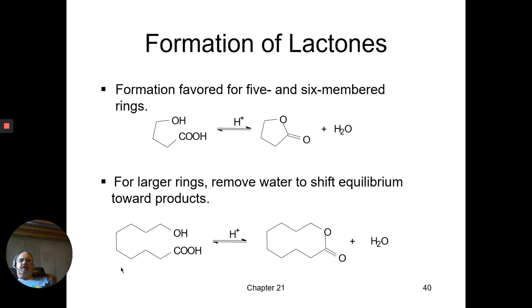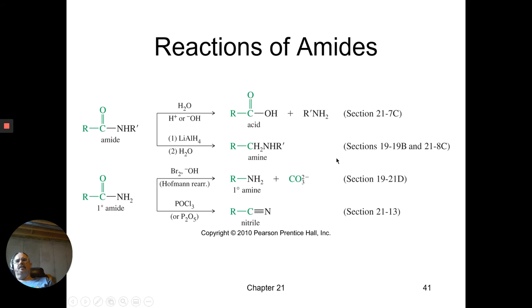For larger rings, one of the ways to make these lactones is to remove the water as soon as it's formed. But these are made from carboxylic acids. Okay, so we have elimination of water and cyclization to form the ester.